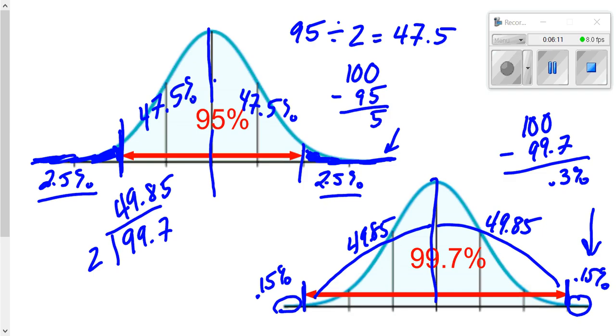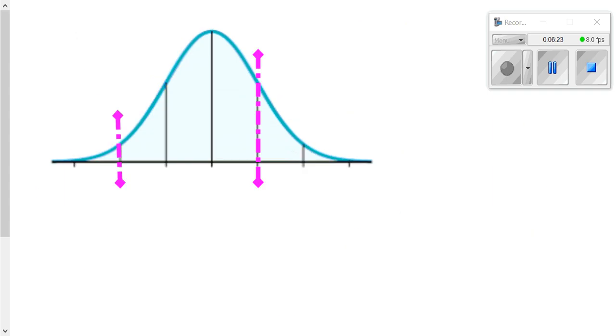So let's go to this picture, and I know that the piece right in here was 47.5. And that is true on every bell curve, on every normal distribution, that this piece would be 47.5.